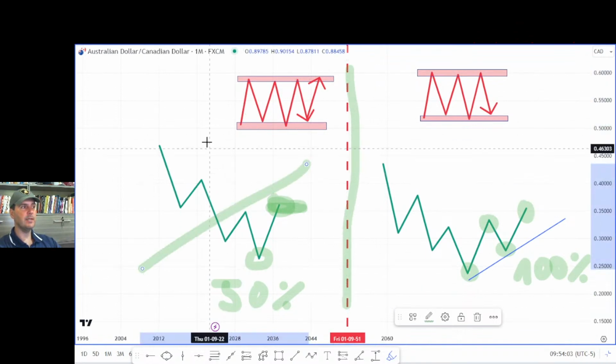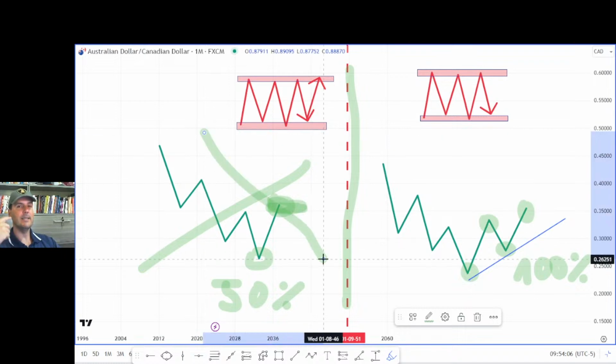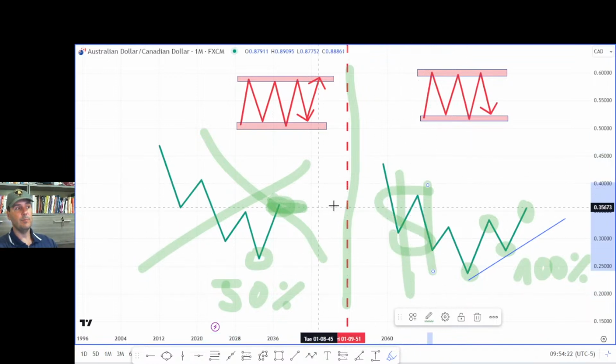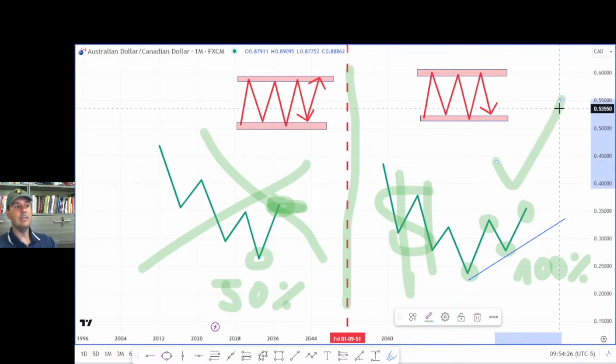Here you are speculating. You are doing what my kid is doing. You are clicking the mouse, taking a chance. Oh, please God help me this time. Here it's still a probability game. This is no guarantee, but here, compared to the left side of the story, you are not speculating anymore, but you are trading what you are seeing.